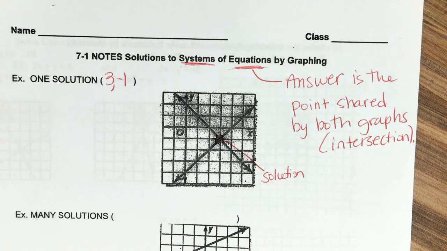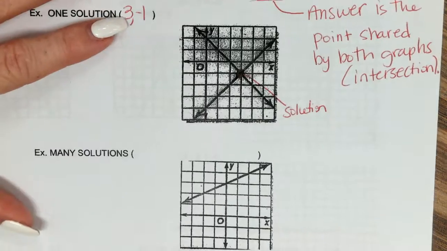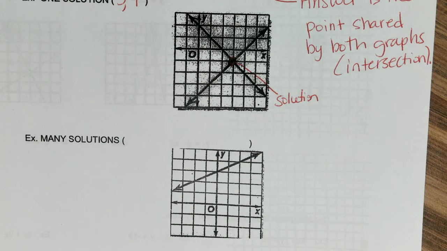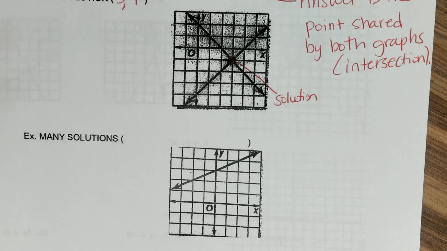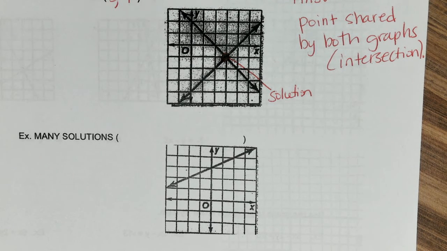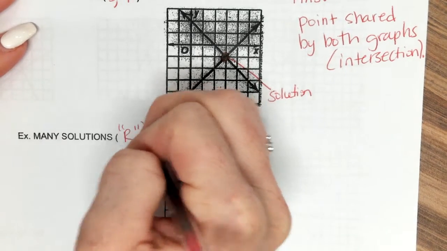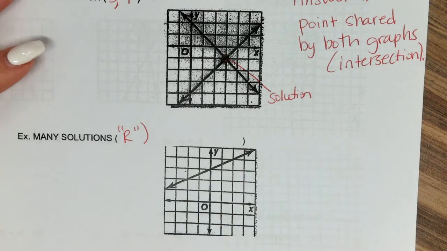All right, if you are given a graph and you only see one line, and they ask for the answer to the system of equations, then that means the lines are overlapping each other. There's a line here and then there's one right on top of it. That is called all real numbers, because it's going to touch all over the spot.